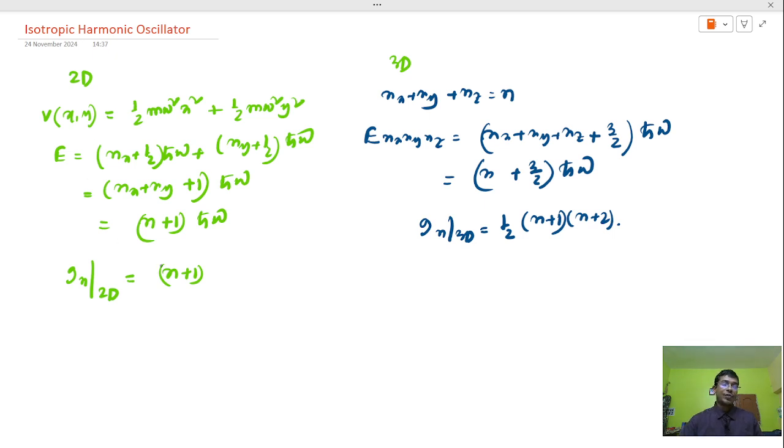For 2D it is n plus 1. This result is very important for entrance exam purposes for solving many tricky problems. 2D harmonic oscillator degeneracy n plus 1, and for 3D it is half (n plus 1)(n plus 2).